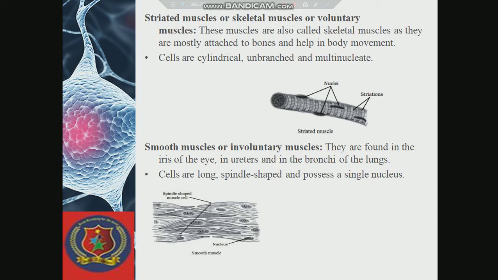The cells that make up these smooth muscles are very long, spindle shaped and possess a single nucleus. Here you can see the spindle shaped muscle cells arranged one over the other, and each has only one dark spot in the center, which is the nucleus, and hence we can say it is uninucleate, spindle shaped, and the cells are very long.